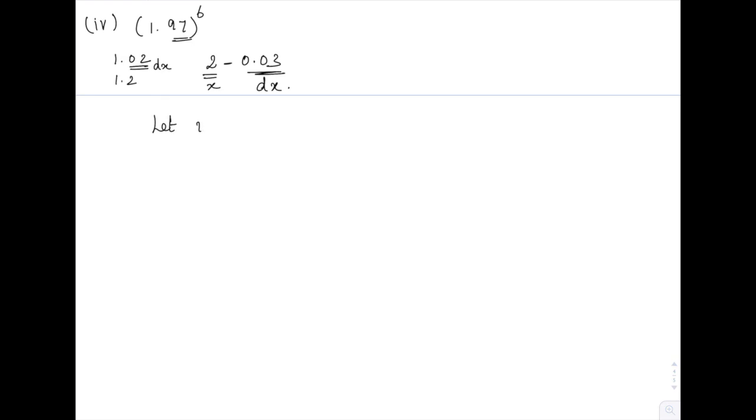Let y is equal to f of x, which is x to the power of 6. So dy becomes 6 into x to the power of 6 minus 1 dx, which is 6 into x to the power of 5 dx. The next one is, let delta x be equal to, what is delta x?